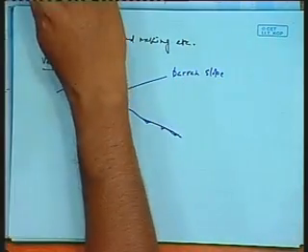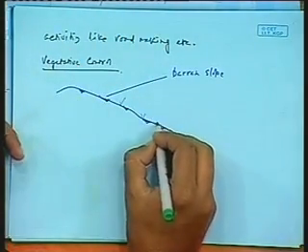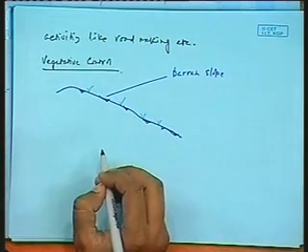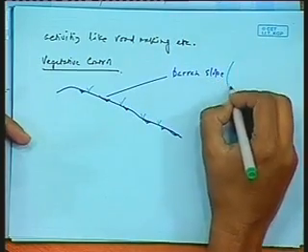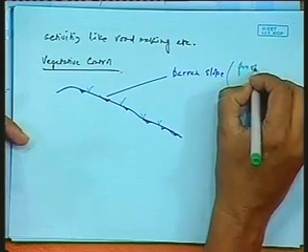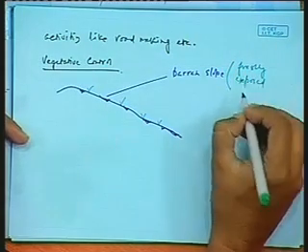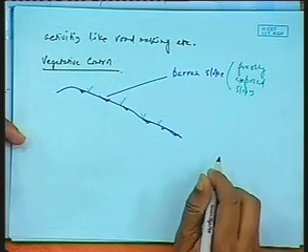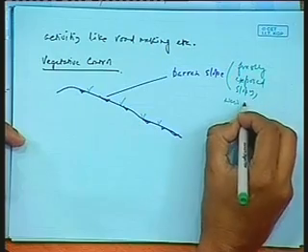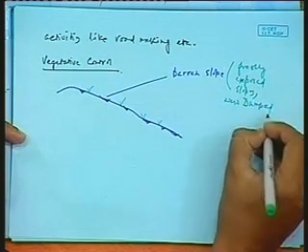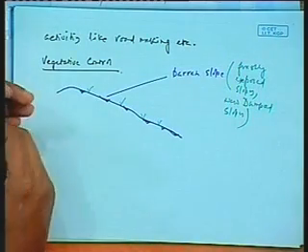Barren slope means you don't have any large plants, you have no small plants or shrub-like structures, not even that. Mostly this barren slope you will find near freshly exposed slopes, newly dumped slopes, where there is practically no vegetative cover.